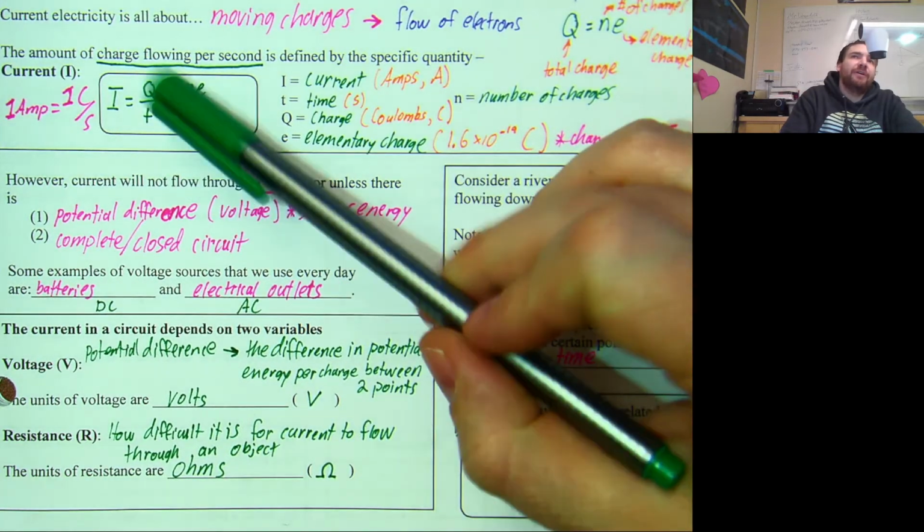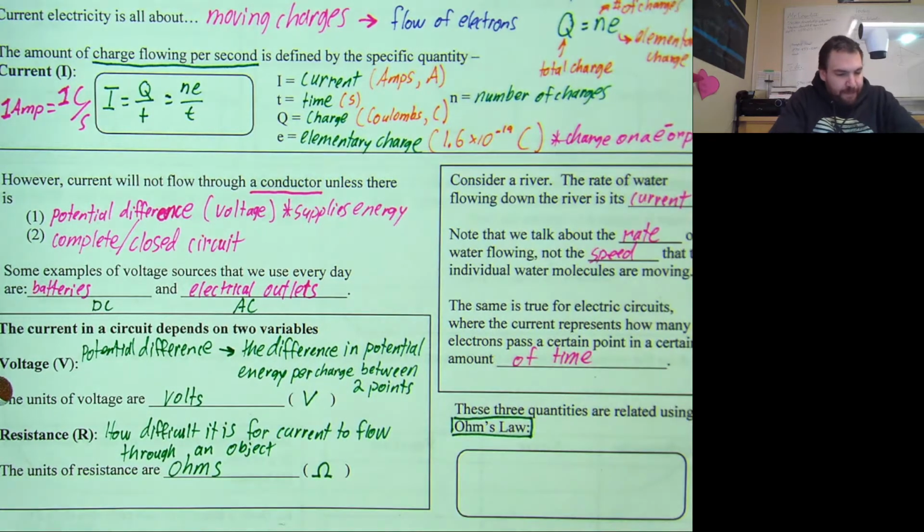So I've got current up here, voltage here, and resistance here. So if I have a large voltage, I want a large current. But my resistance is going to prevent my current from flowing.